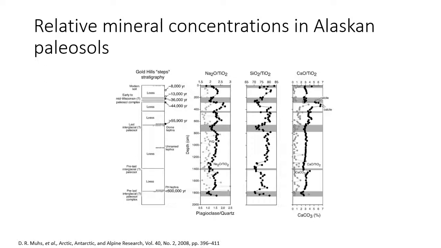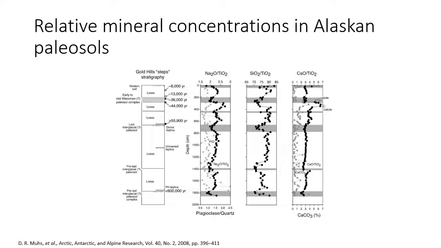And so you can look at the concentrations of a mineral that weathers very, very quickly, like say sodium oxide, compared to the concentration of a mineral that weathers very, very slowly, like titanium oxide, and that will show you what the rate of weathering was like at that time.